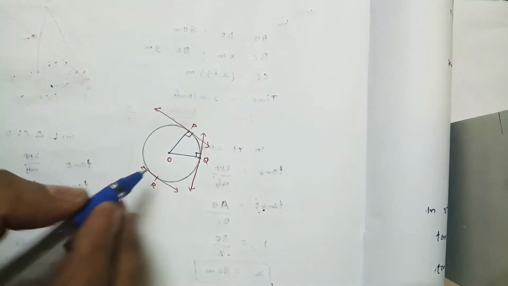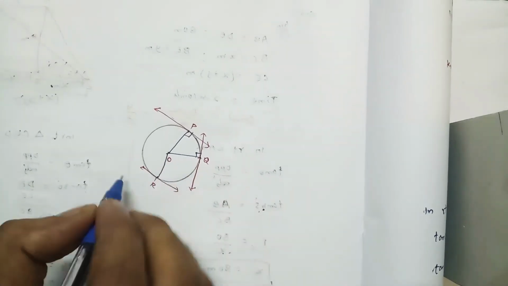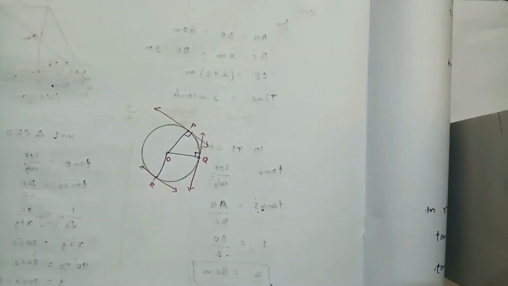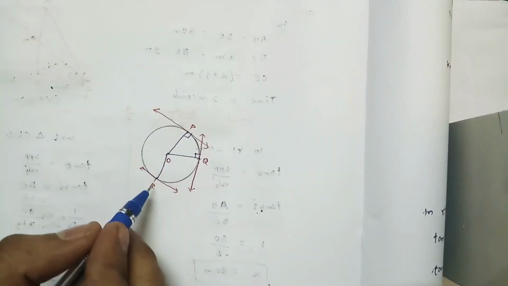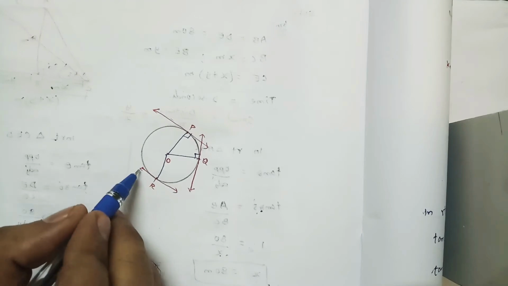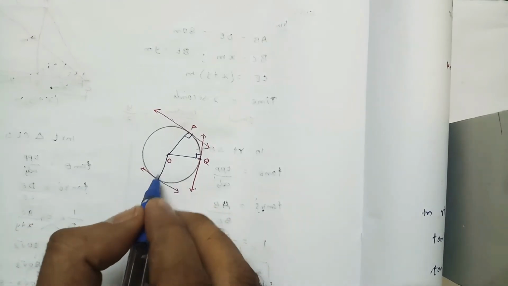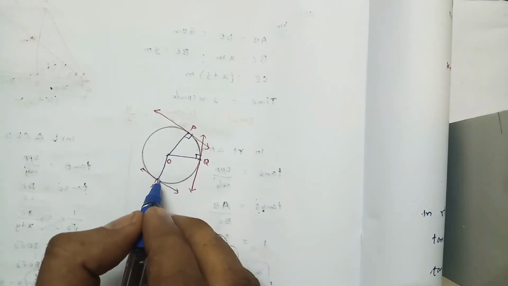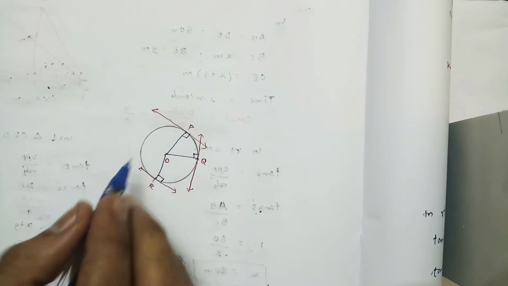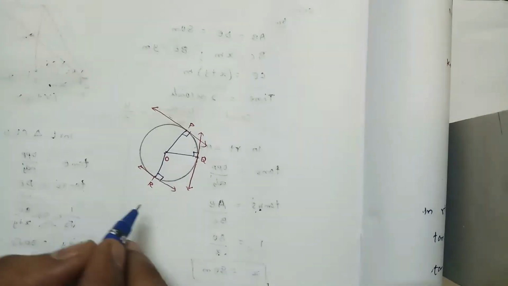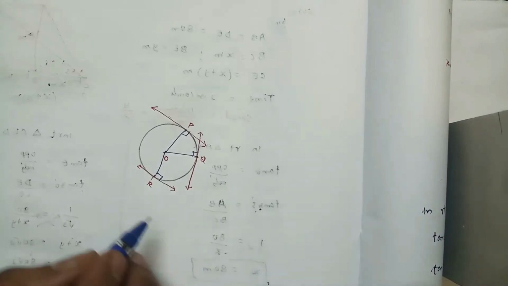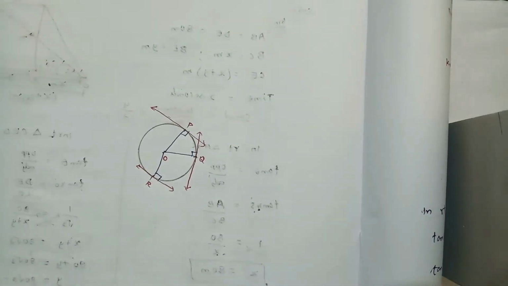Here OR is the radius, and this is a tangent because the line touches the circle at only one point R. OR is the radius, so radius OR is perpendicular to this tangent. Understood? So whenever we have a circle and a tangent, the line from the center to the point of contact will always make a right angle.